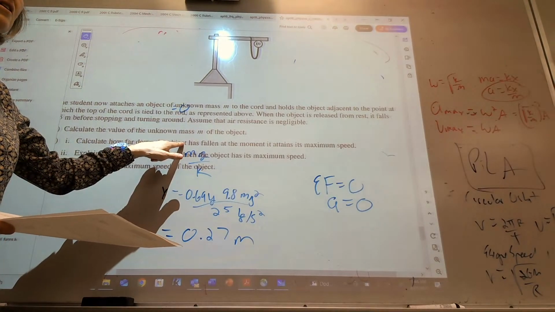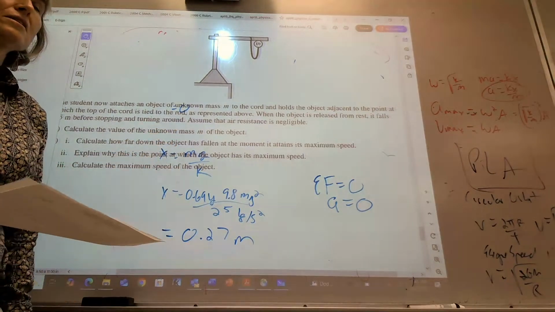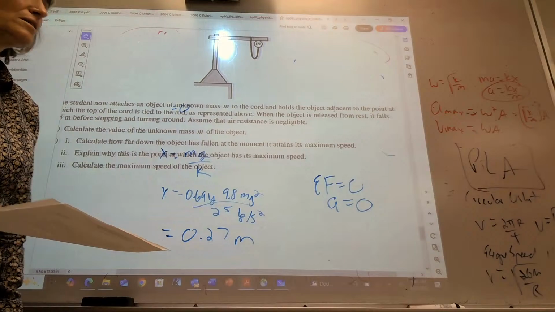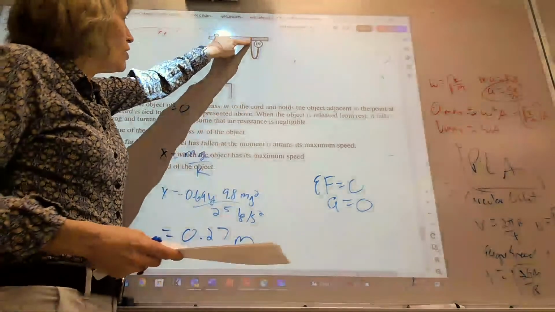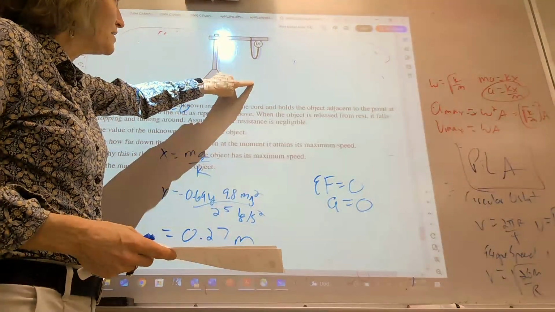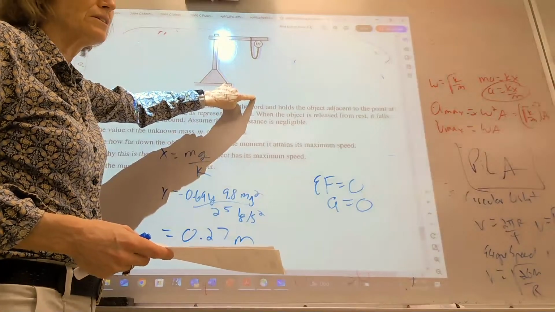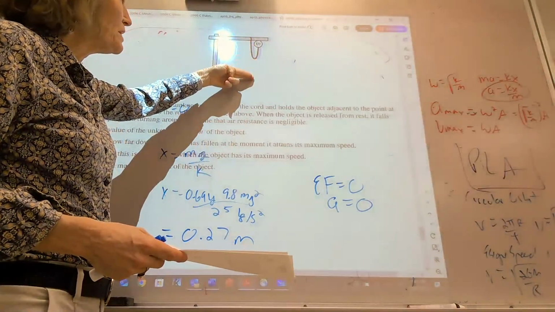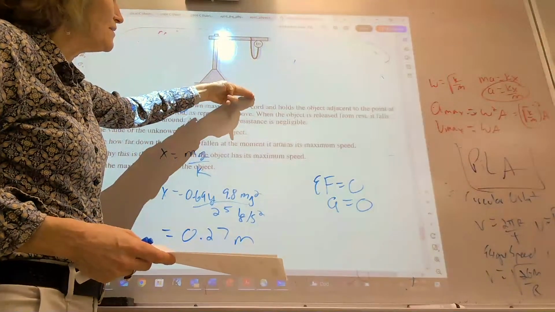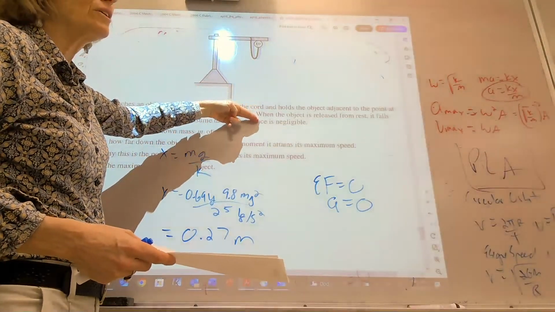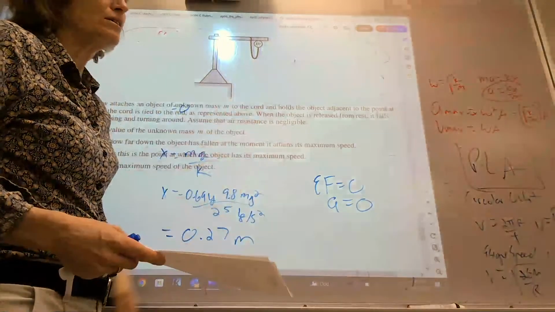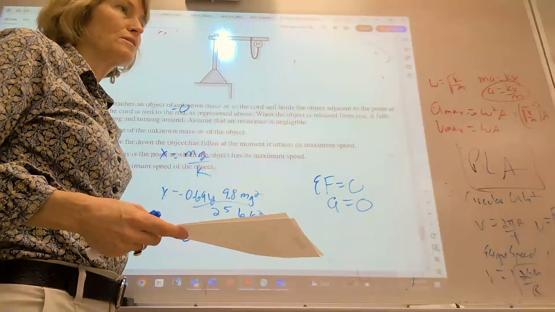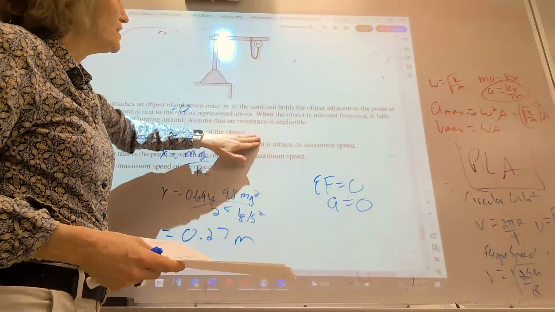Violet, you know? You subtract. So it falls, then the spring kicks in, it stretches 0.27 for maximum speed. It's continually increasing in speed. The spring starts to stretch, it continues to increase, and then the spring is pulling back, it slows down. Do you add how much it stretches? You add 1.5 to 0.27? 1.5 is at its final.